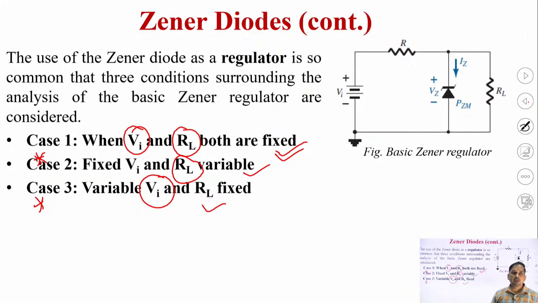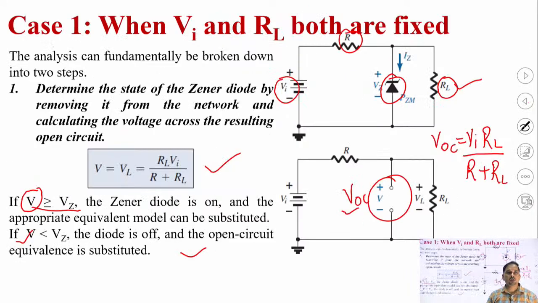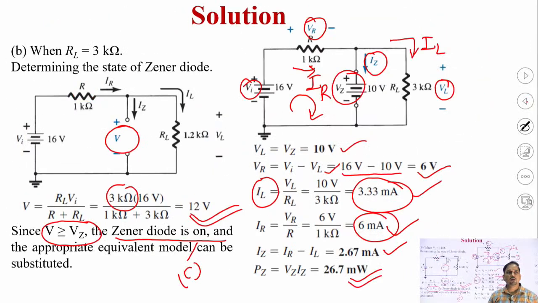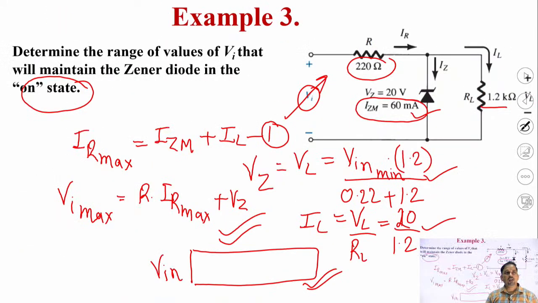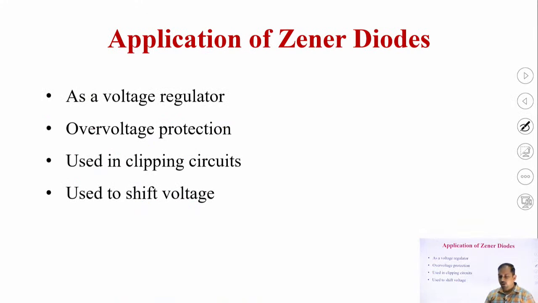So these are the application areas of Zener diode. Now we'll see, apart from this voltage regulator, what are the further applications. We have seen the Zener diode can be used as a voltage regulator. It can also be used as an over voltage protection.